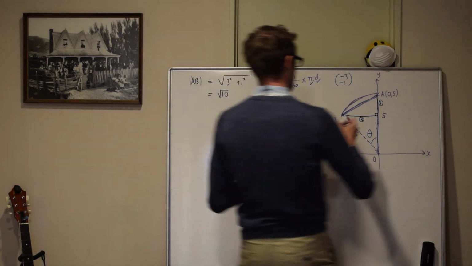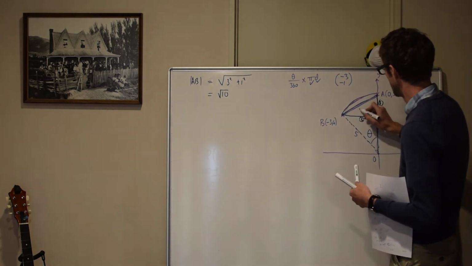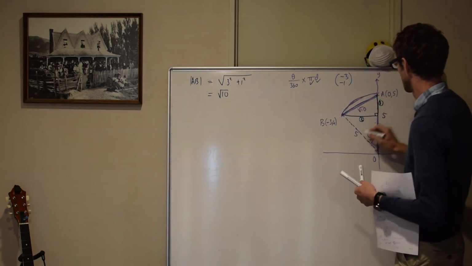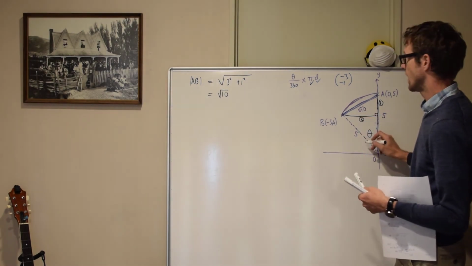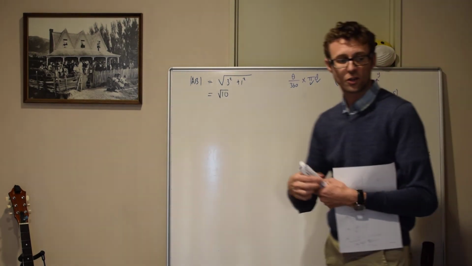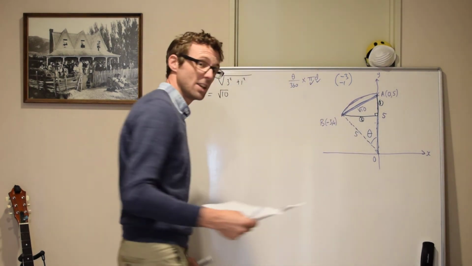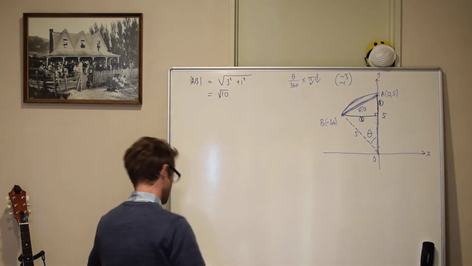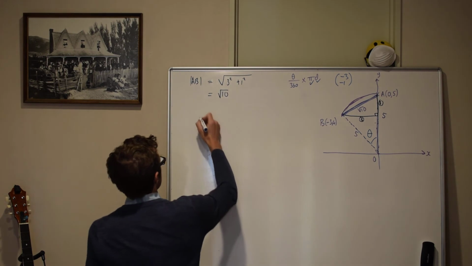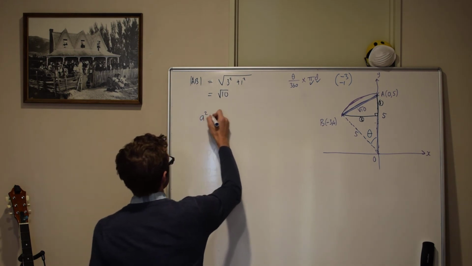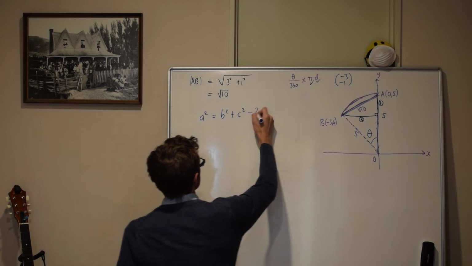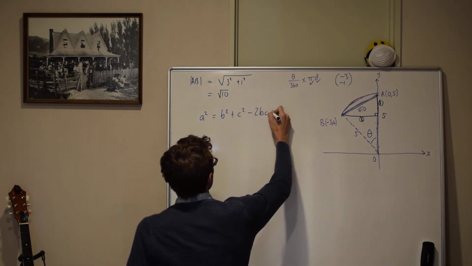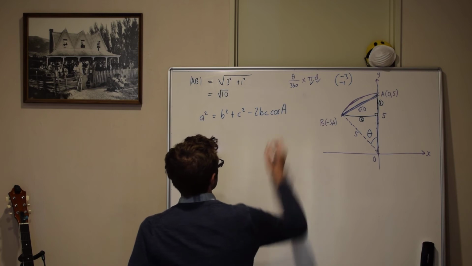Now we've got 3 lengths in our circle. 5, 5, square root 10, and now we can find theta using the cosine rule. This is where you're going to need to get your calculators out if you haven't managed to do this on your own. So the cosine rule is a squared equals b squared plus c squared minus 2bc cosine A.